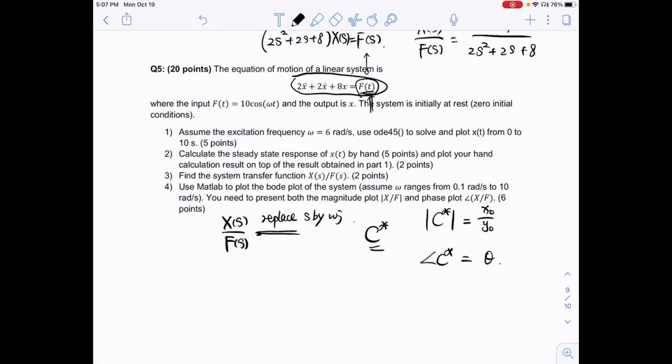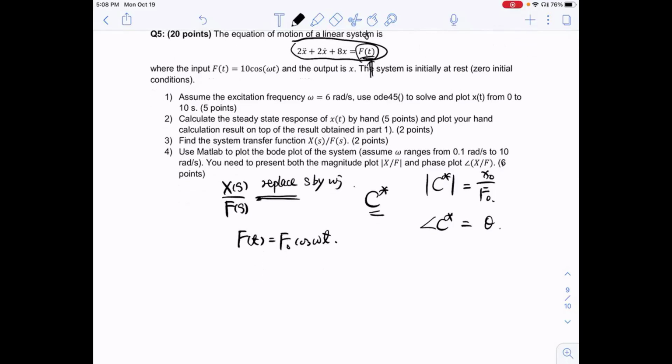So we already know that the input f(t) is f naught cosine omega t.